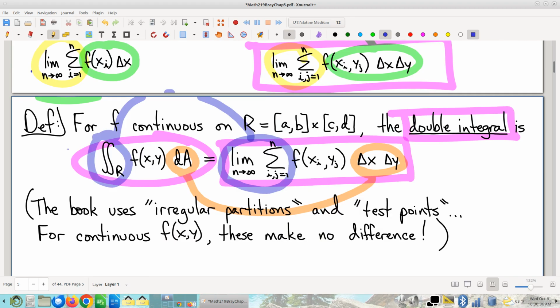And I would encourage you to think of this as a single symbol. This is what I'm going to call the double integral symbol. Very importantly, this is not a single variable integral of a single variable integral. This is a different critter. This is a summation where I'm adding up n squared different terms where I've multiplied some density times some area. And there is no single variable integral in what I've written down here. Does everybody see that distinction?